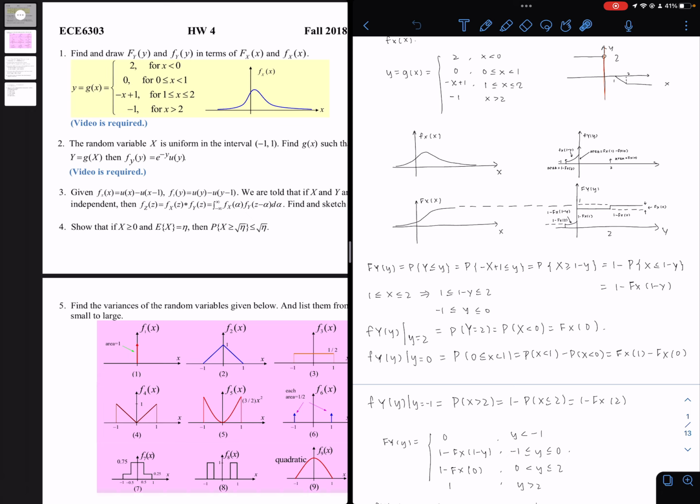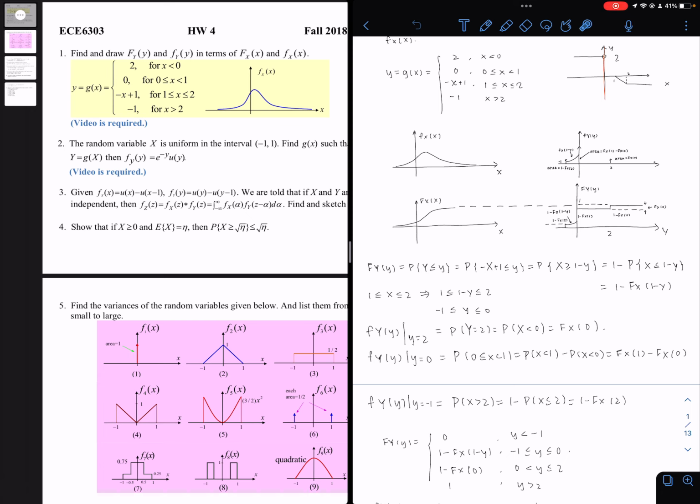So that is the probability of x happening on the left of 1 minus y, right? So we have 1 minus cumulative x of 1 minus y here.